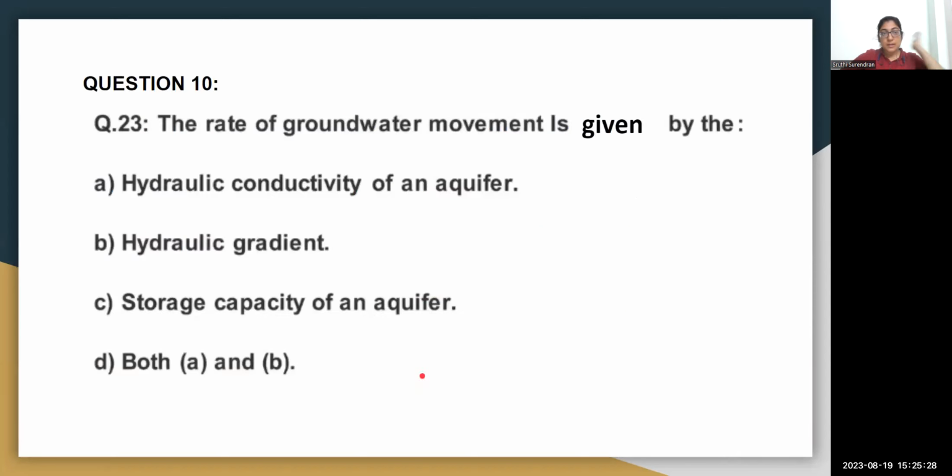So the next question is, the rate of groundwater movement is given by what?